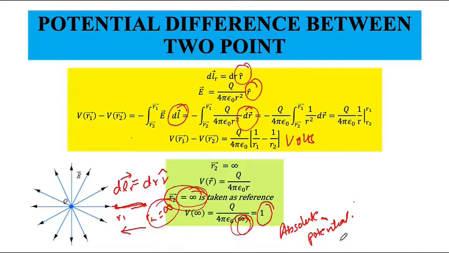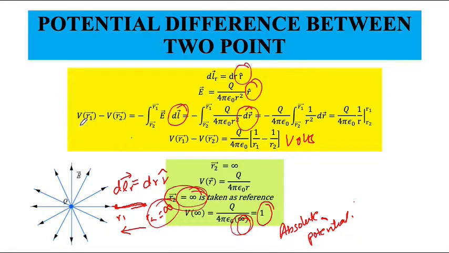Okay, at any point in space. And it is interesting to note that potential goes as 1 by r. So you can start suspecting something about the relationship between V and E, although we have already obtained the relationship between E and V. We are trying to think of an inverse kind of relationship.